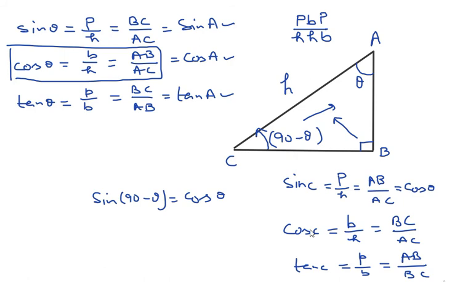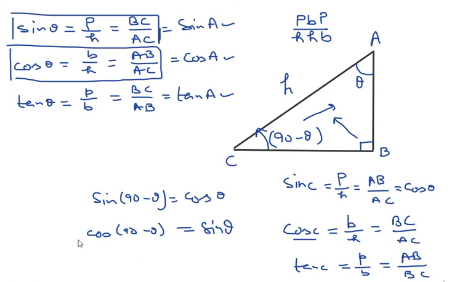Now cos C, I can write cos 90 minus theta is equal to BC upon AC, and BC upon AC you can see over here is sin theta. So it will be sin theta. Now if we go this way, tan 90 minus theta will be equal to cot theta.